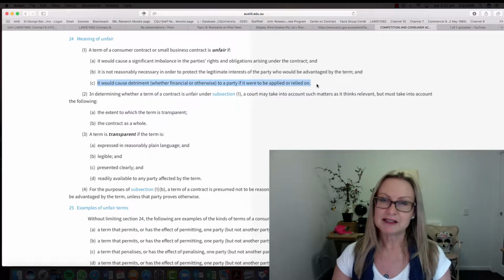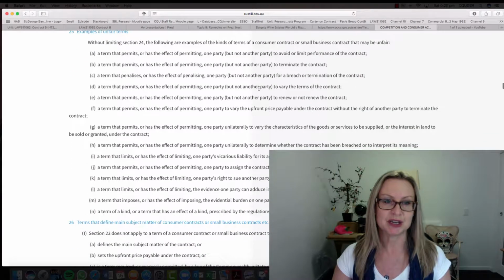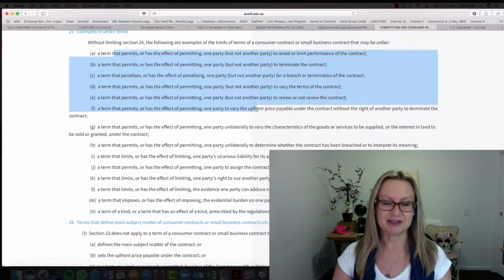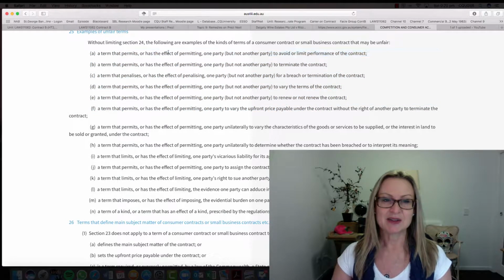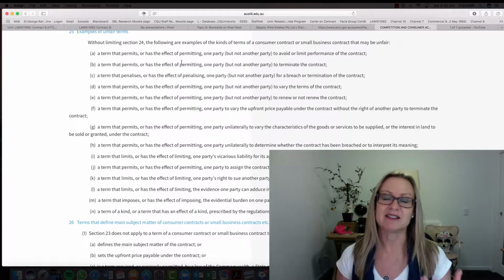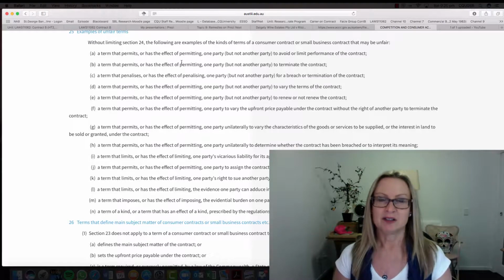Okay, let's have a look then at section 25, which gives us some examples of unfair terms. And you can see again, just from the repetition of text there, it's all about lopsidedness, where one party is really getting this enormous advantage and the other party is being terribly disadvantaged.